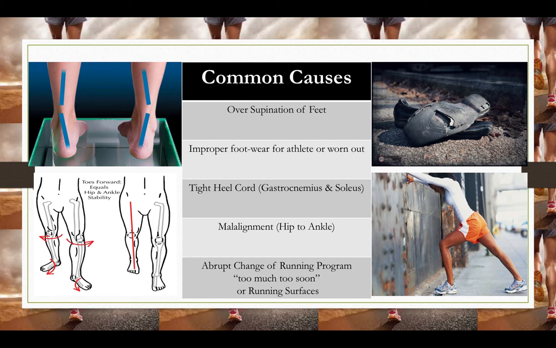And we also see any abrupt changes in the running program, so an athlete trying to do too much too soon, or any abrupt changes in the running surface, such as going from grass to asphalt, for instance. That can bring on medial tibial stress syndrome as well.